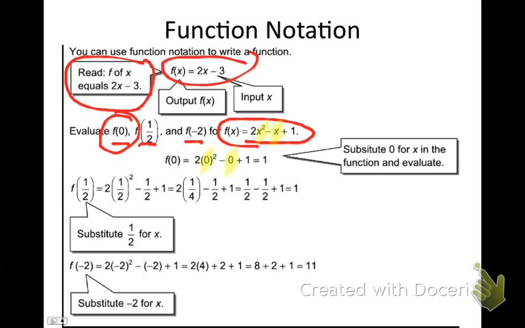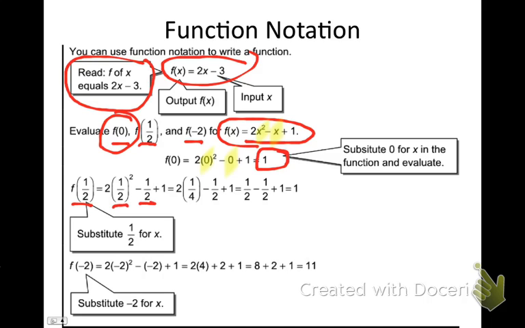I'm inputting 0 into the x values. Well, 0 squared gets me 0. 0 times 2 is still 0. Minus 0, still 0. Plus 1. I get my output of 1. Again, all it is, you're inputting it, and then you're really just going to evaluate it and get an output. The same thing can be done for f of 1/2.